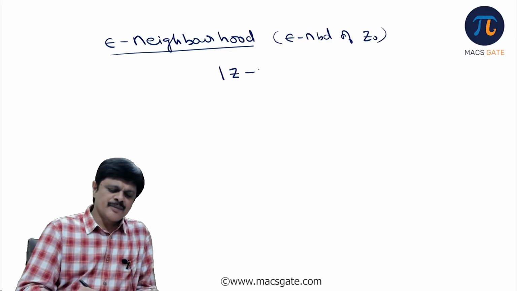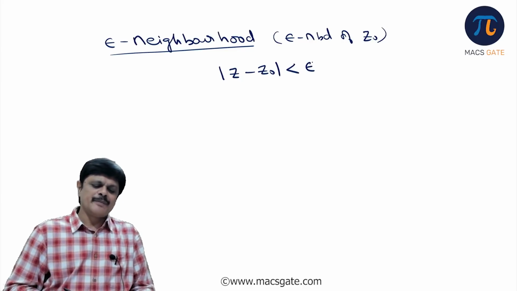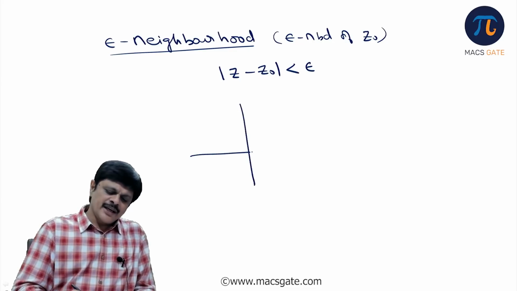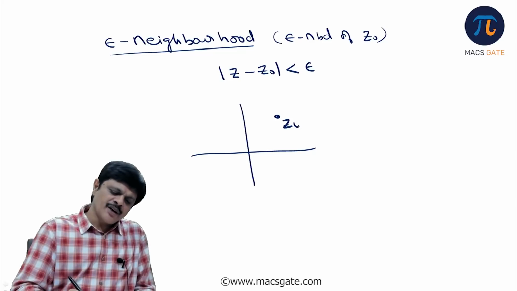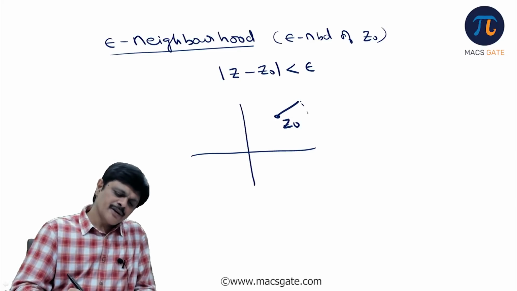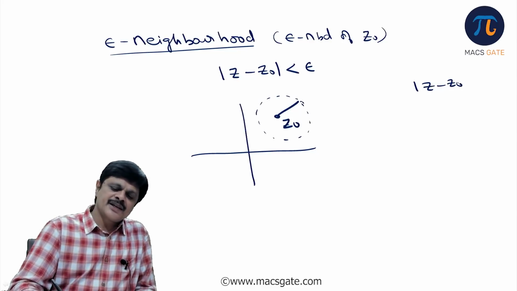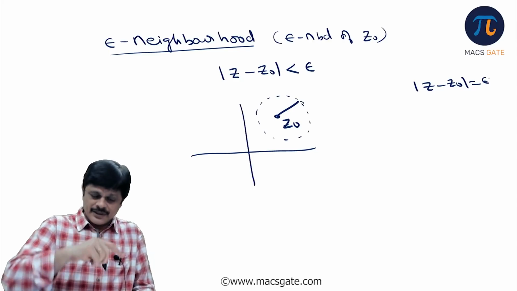Mod Z minus Z0 is less than epsilon. This is what we mean by epsilon neighborhood of a point. When you say mod Z minus Z0 equal to epsilon, center would be Z0 and radius is epsilon. So when you say equal to, that is the circle.